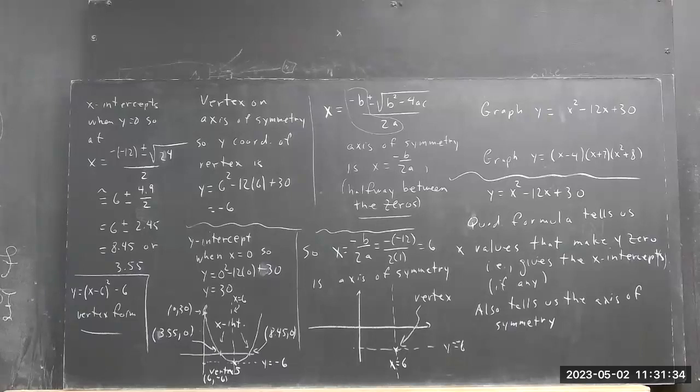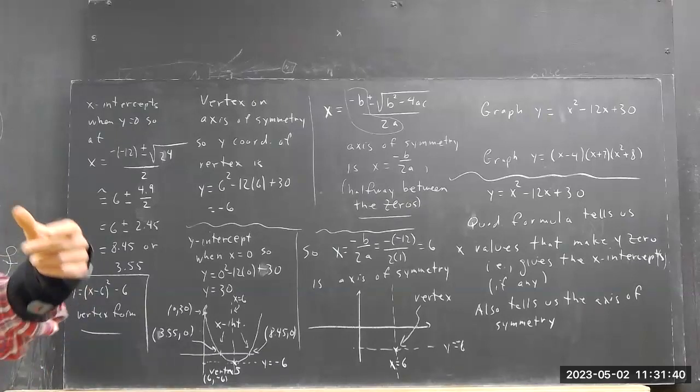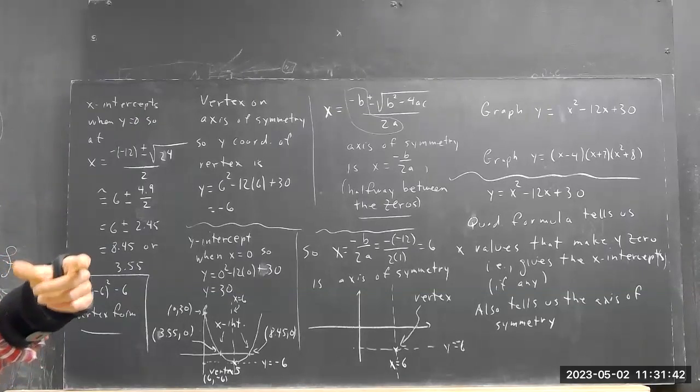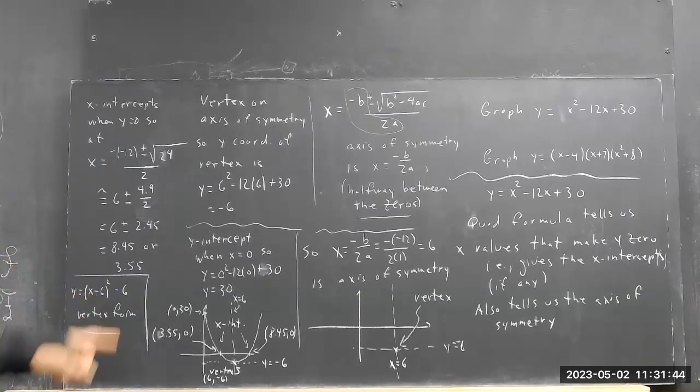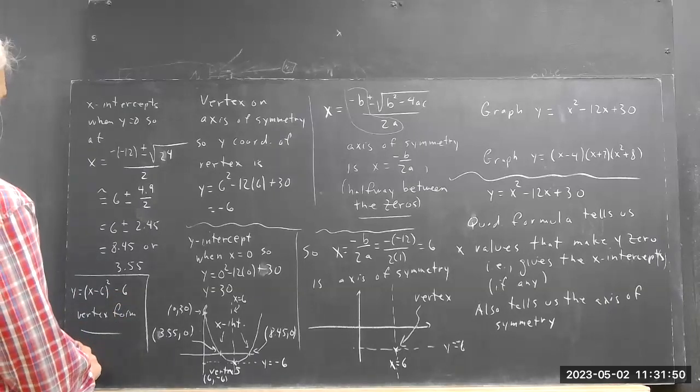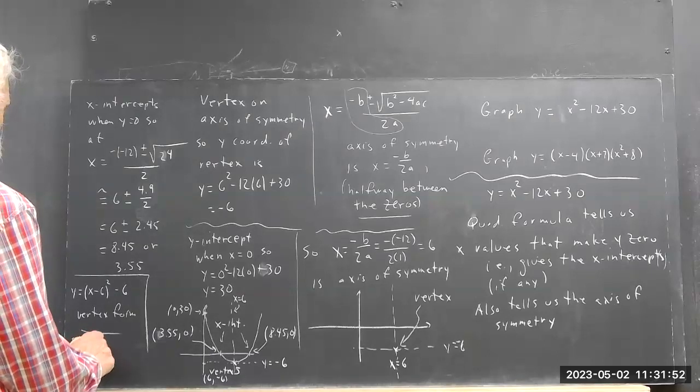Now, why is that? Well, if you understand transformation, you see that this takes the x squared graph and shifts it 6 units to the right and 6 units down. So this is a shift.